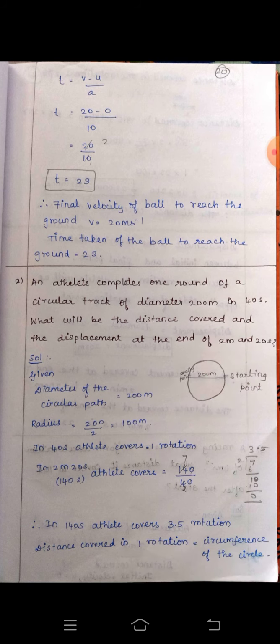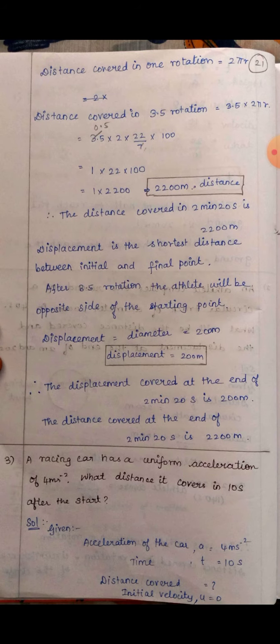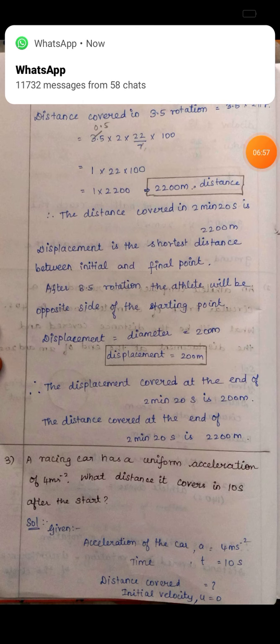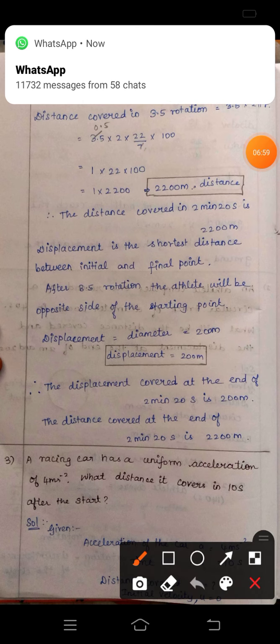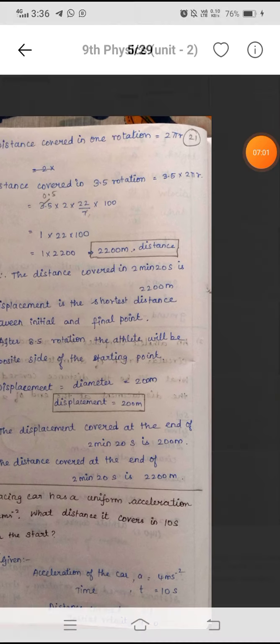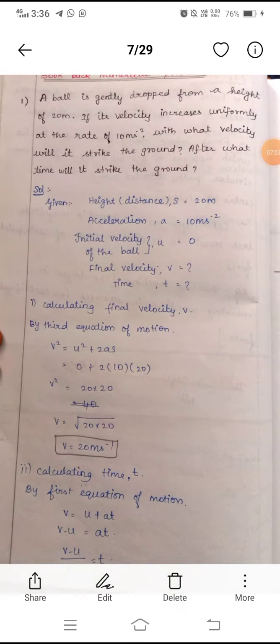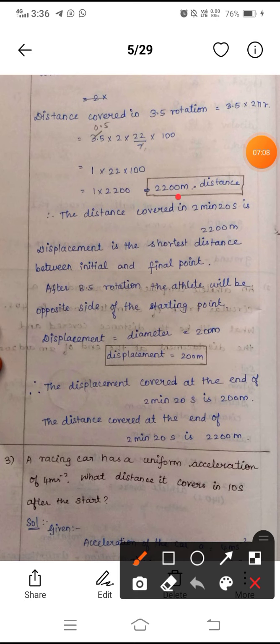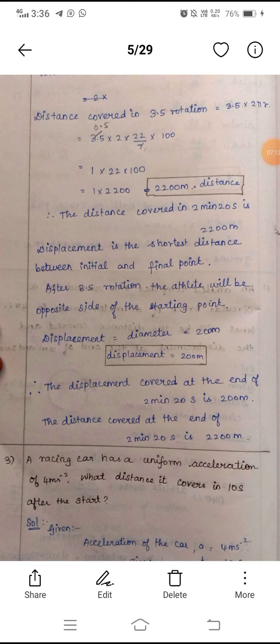So after 3.5 rotations, the athlete will be on the opposite side of the starting point.